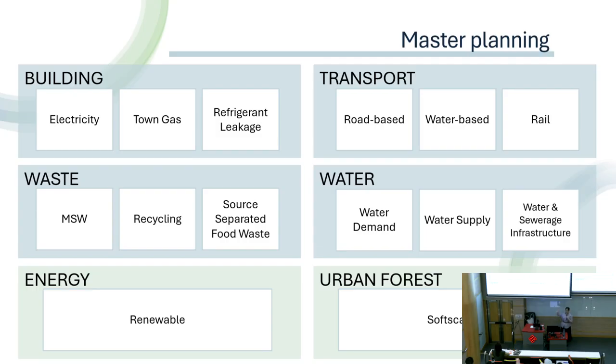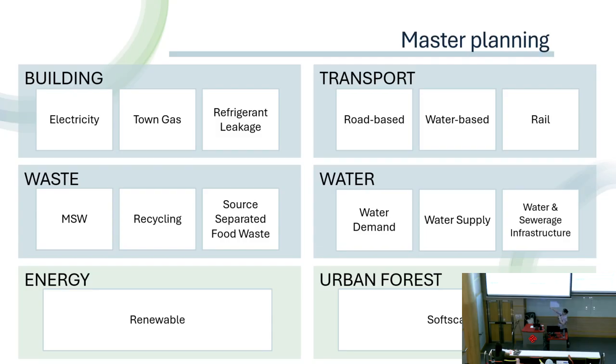Waste, we've got the municipal solid waste, the energy used in recycling, and source-separated food waste, so the related carbon for them. And then the water demand is water supply, water demand, and the sewage infrastructure. So this is the actual operations of individual facilities rather than how much energy is used to transport the water.